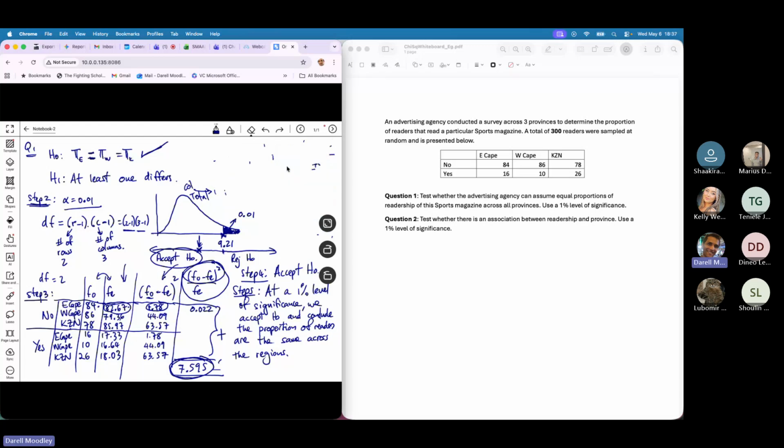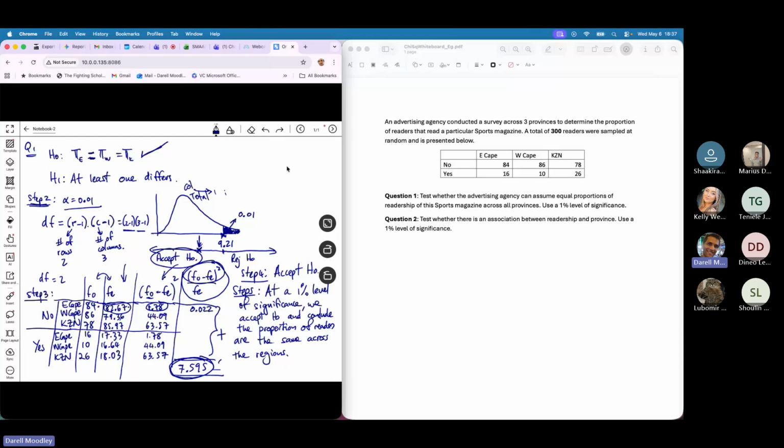The other chi-square test you can have is the test of association. As I mentioned earlier, this is when you're testing whether variables are independent, like the example I gave you with rainfall in Durban and the price of gold on the JSE. You can also get asked to test whether two variables are independent.